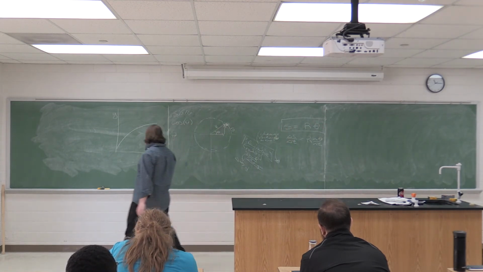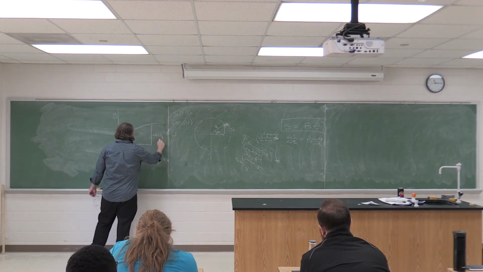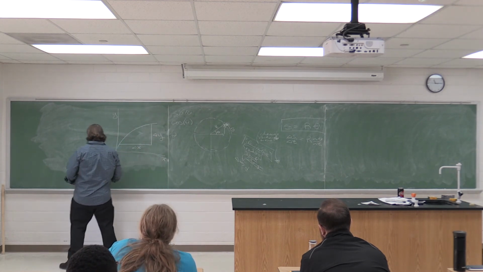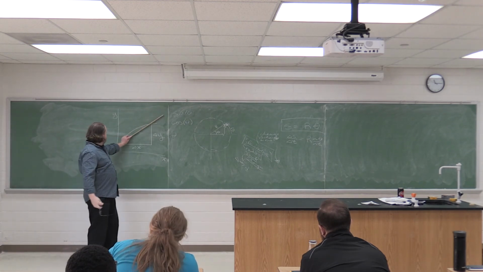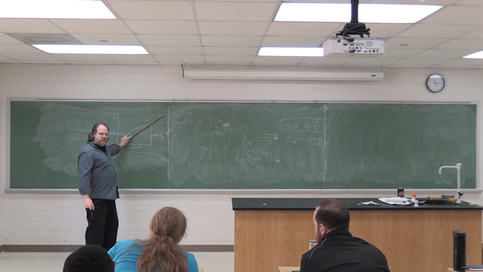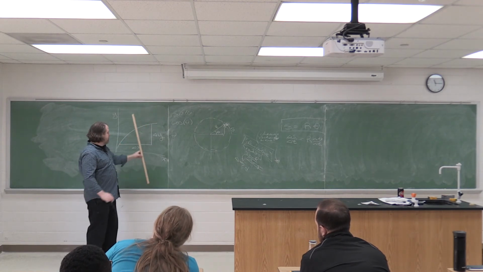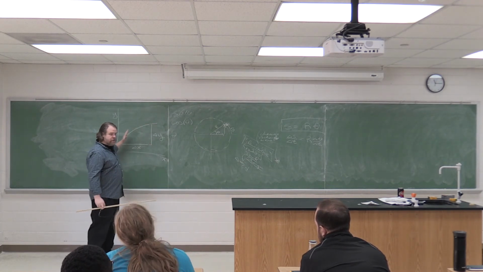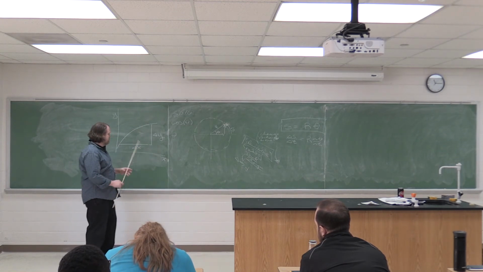Now, if you did something like this, delta y, delta x, then you would get a slope like that. But does that really characterize the line? No. What you've actually got here is an average slope over that interval. For an average, you've got the total y change and the total x change.